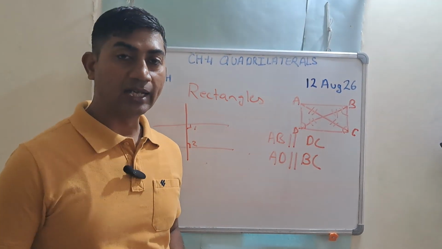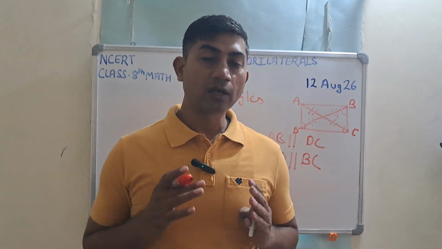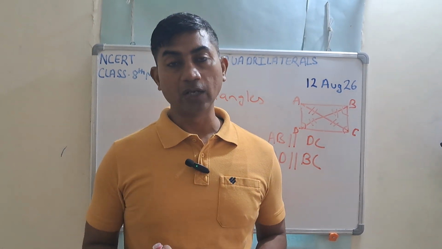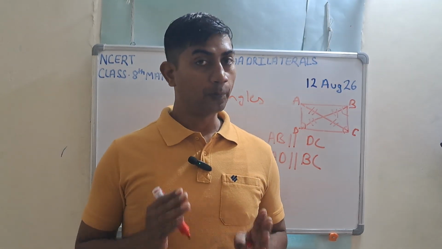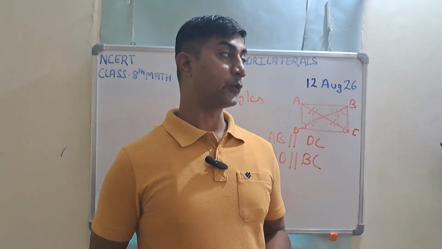What it concludes is that the opposite sides of the rectangle are equal as well as parallel. This is our fourth point.